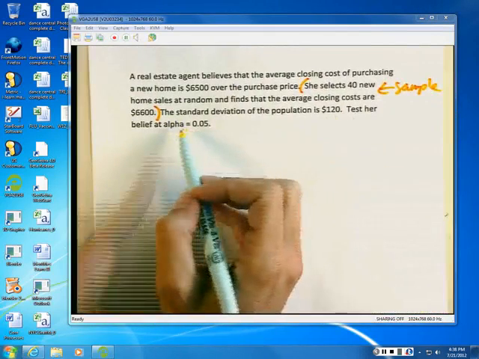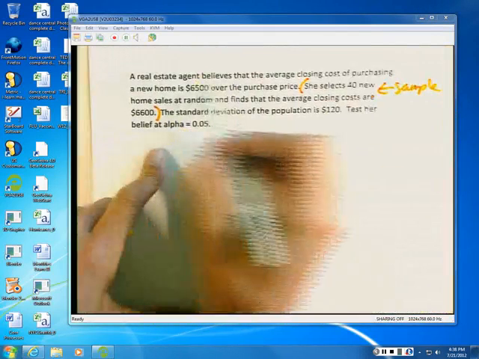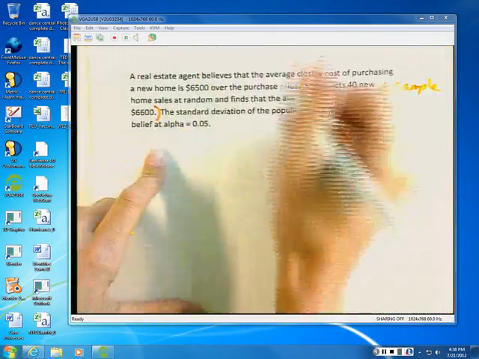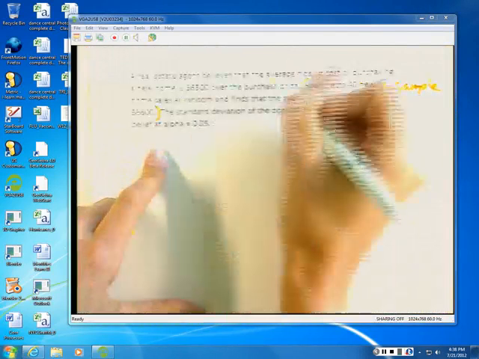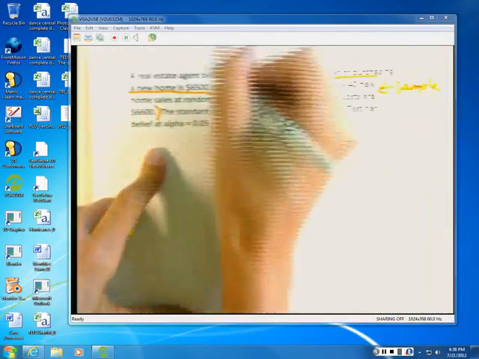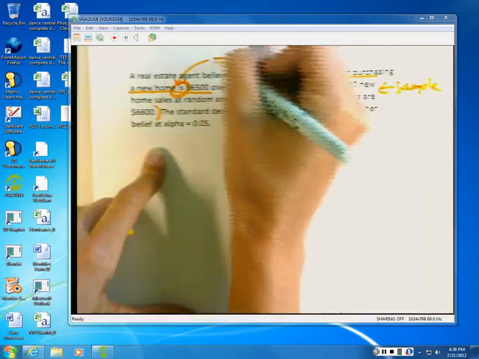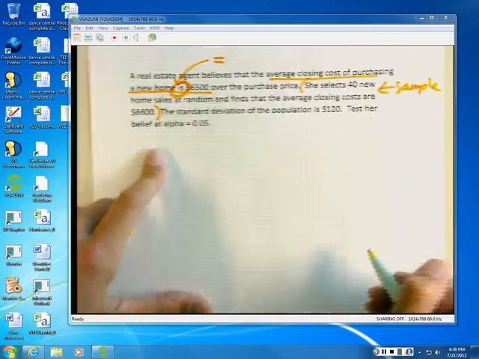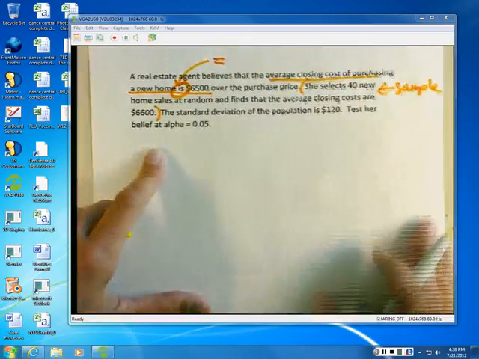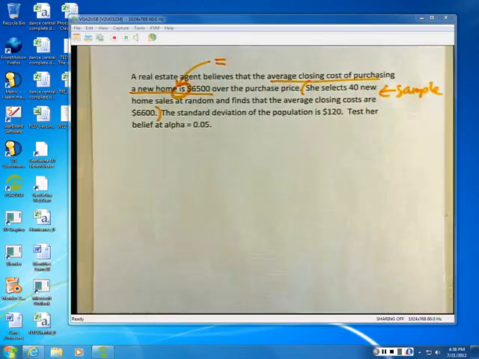Okay, what was her belief? She believes that the average closing cost is. Do you remember how to translate your mathematical symbols? Is. It's a really nice one to translate. That one just translates to equals. So I'm looking at that claim, that belief in this case, and this one turns out to be is.